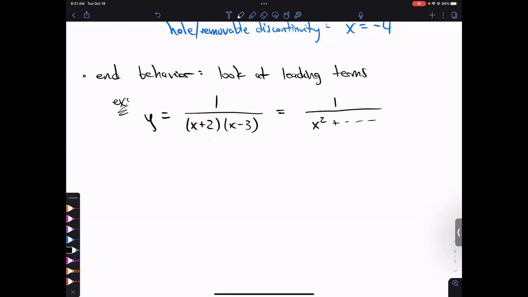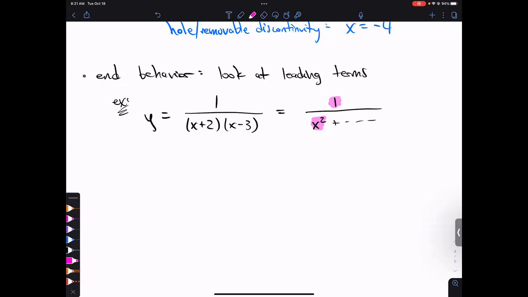So this same example is factored here, but if we expanded it, or at least looked at what the leading term would be, it's 1 over x squared and then some lower order stuff. We're interested in the leading term, so I'm not going to worry about the details on the other stuff. When I say look at the leading terms, well, it's a fraction, so there's 1 on top and x squared at the bottom.